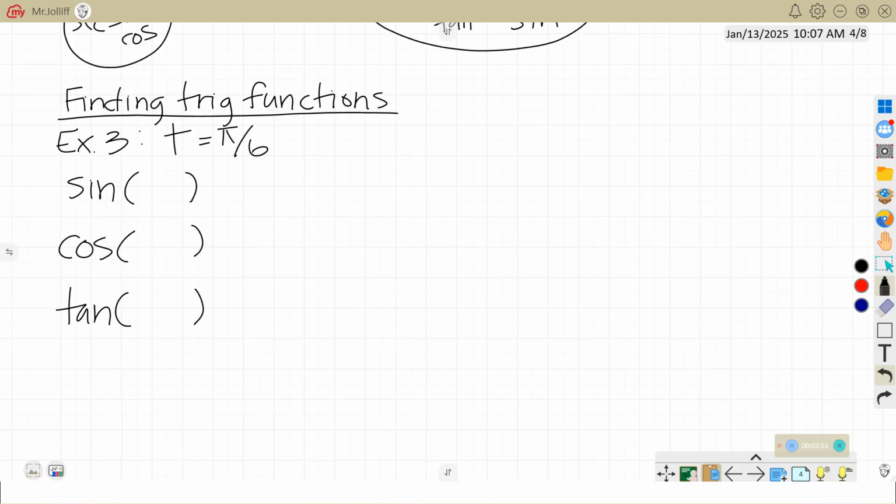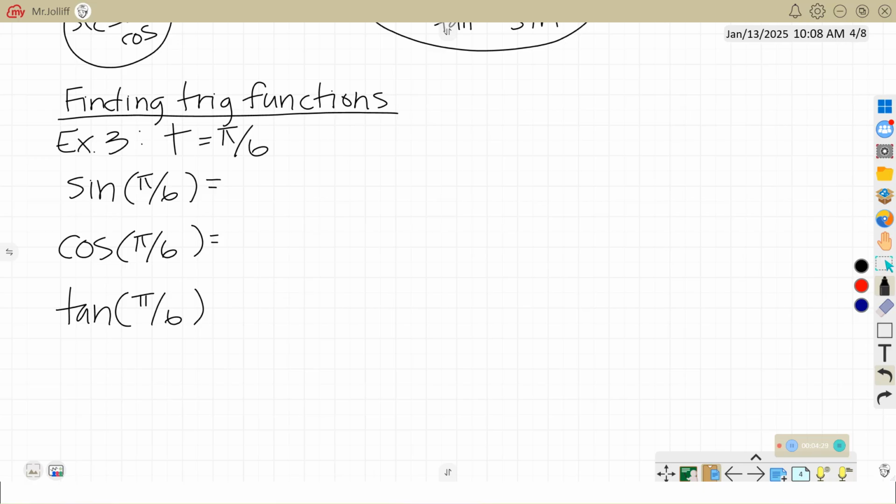And instead of writing t in there, I know what t is. t is pi over 6. And this is going to be a bit of a throwback, but pi over 6 is one of those angles that's in the picture of the unit circle.